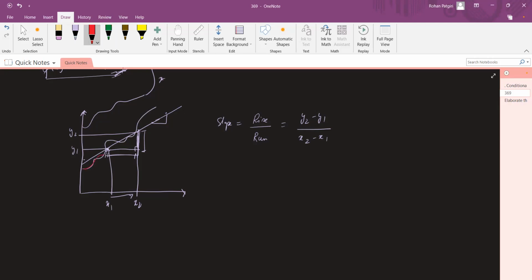Suppose this is another line, and you are asked to find the slope between these two points, x1 y1 and x2 y2. The slope of this red line and this straight line will be the same. Can you understand this? Yeah. I understand, but I don't know how to explain it.